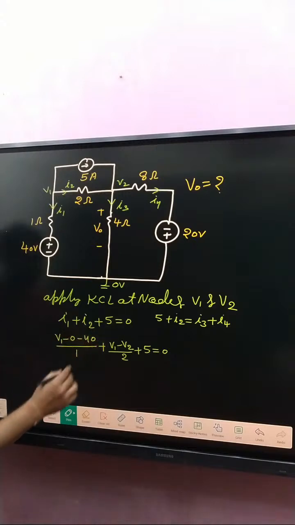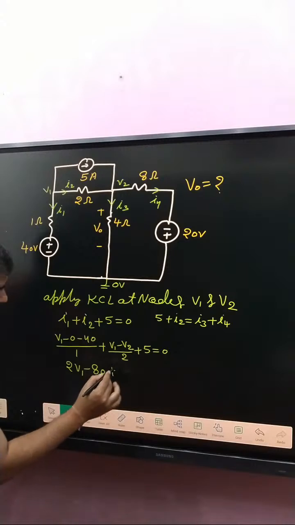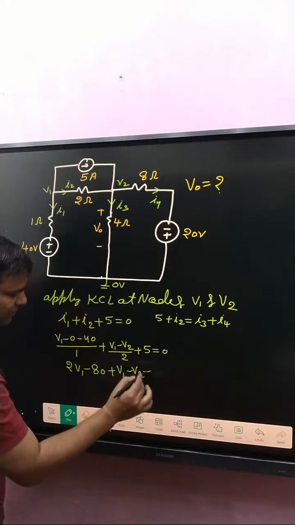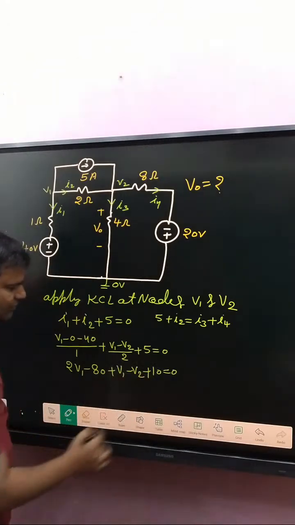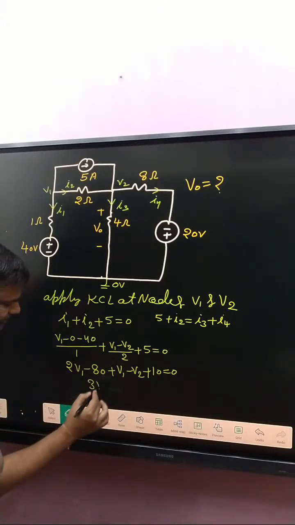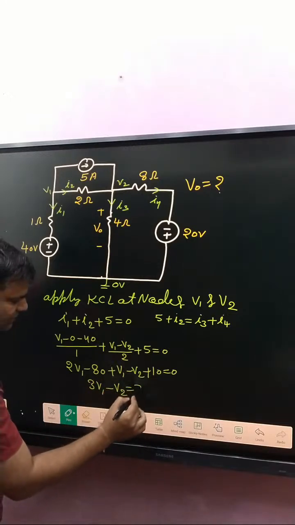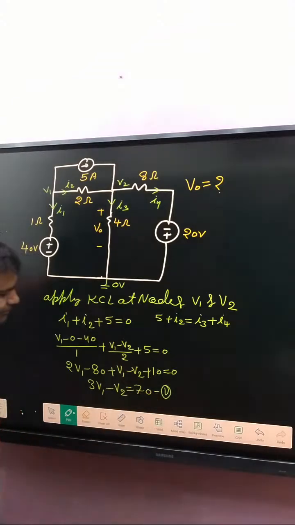Multiply by 2 on both sides, then 2V1 minus 80, V1 minus V2 plus 10, this is equal to 0. So 3V1 minus V2 is 70. That is equation number 1.